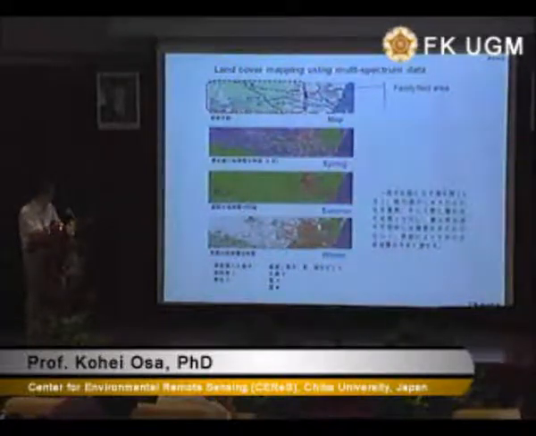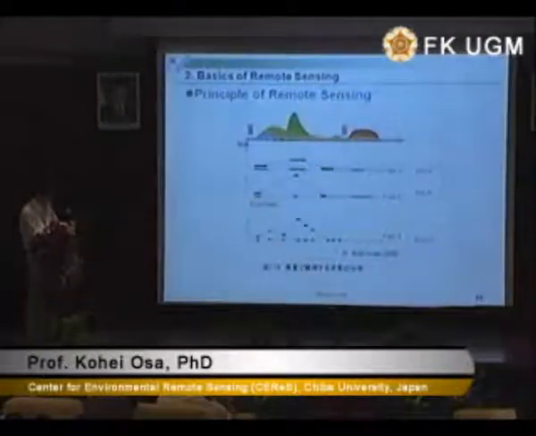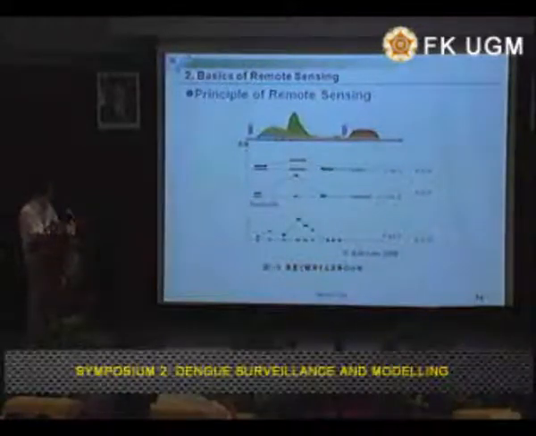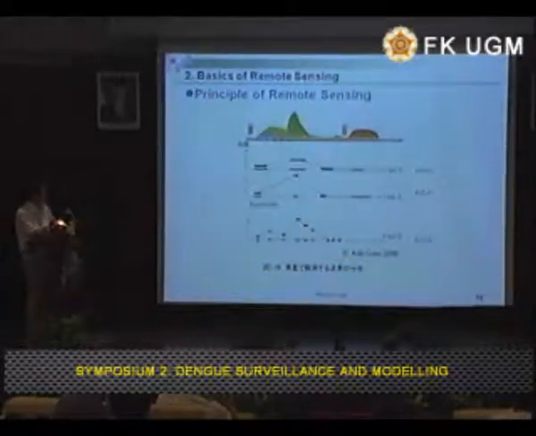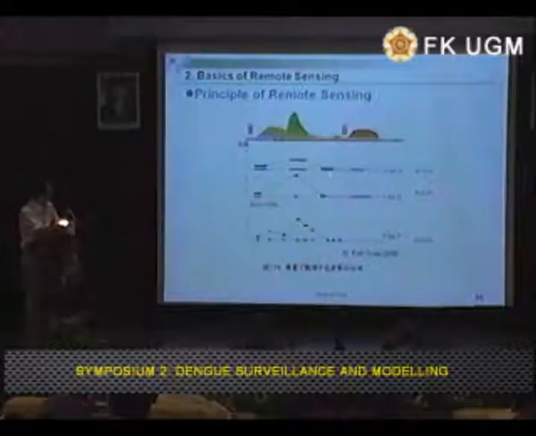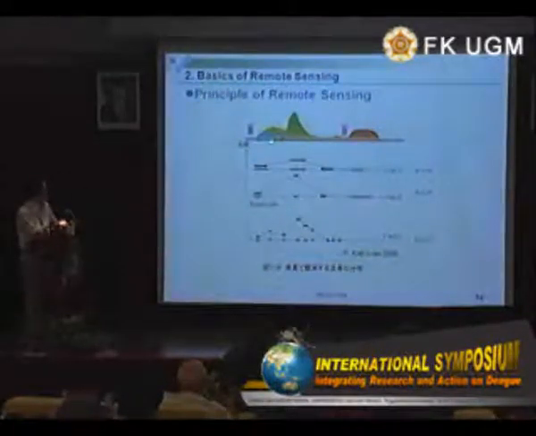In the spring season, as mentioned before, the paddy field is full of water, so we can see the blue area. This is almost a water area. In the summer season we can see the green area, as most of the rice plants are growing up, and in the winter season this is a snow cover area.